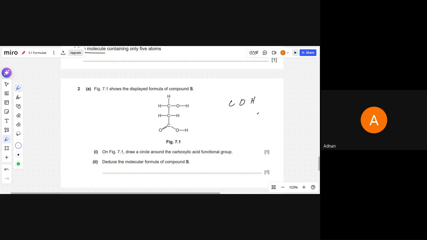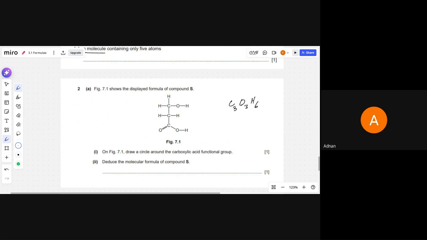How many carbons will there be? We have 1, 2, 3, 3 carbon atoms, so write 3. And now how many hydrogens? 1, 2, 3, 4, 5, 6. So 6 hydrogens, and oxygens 1, 2, 3. So we have 3 oxygens.